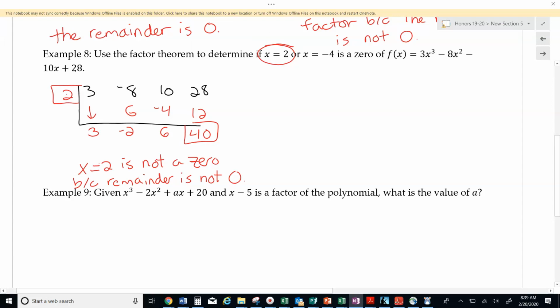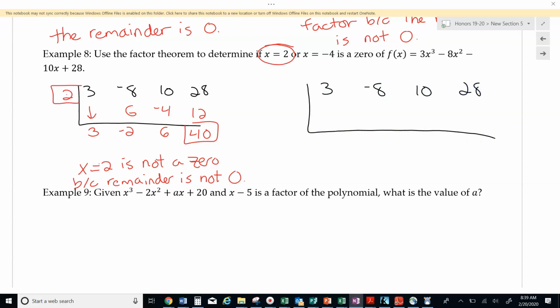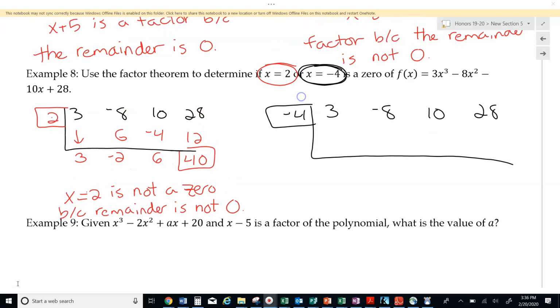Doing the same thing with that x equals -4, setting it up, I have 3, -8, 10, and 28. And this is already set up. So now we're doing the same thing where we bring down our 3. And then -4 times 3 is -12.